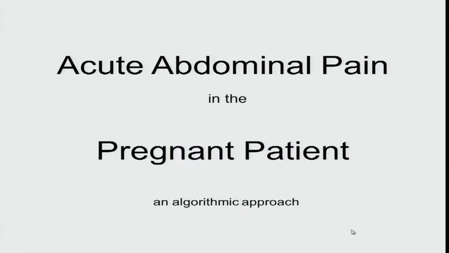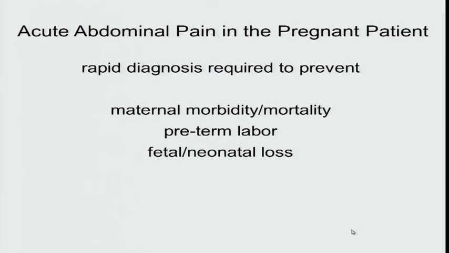Okay, so we're going to talk about evaluation of acute abdominal pain in the pregnant patient. Rapid diagnosis is required. Normally we're worried about the patient, but now we've got another patient. So we have to make this diagnosis rapidly with the lowest possible risk, and we've got to worry about the fetus.